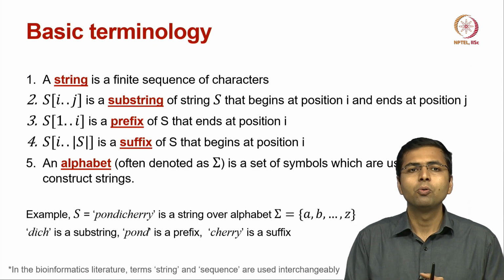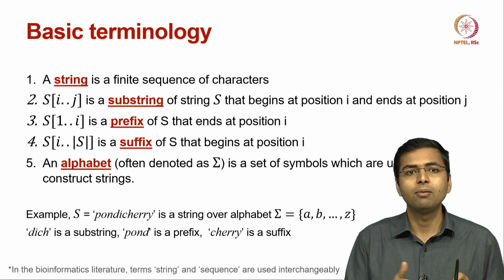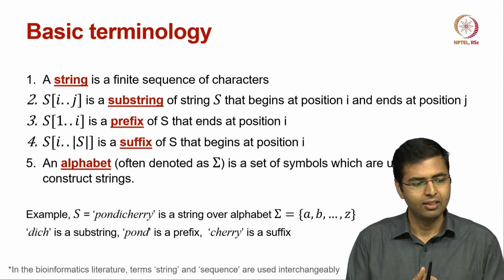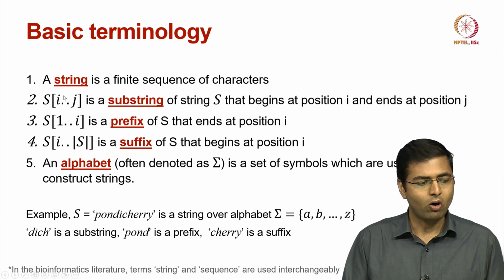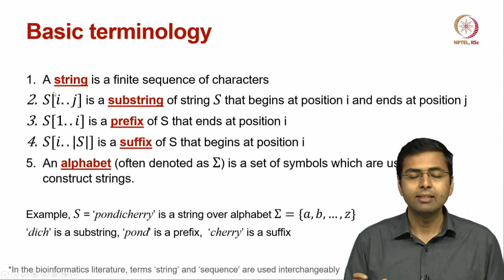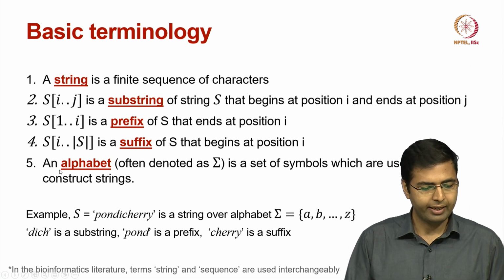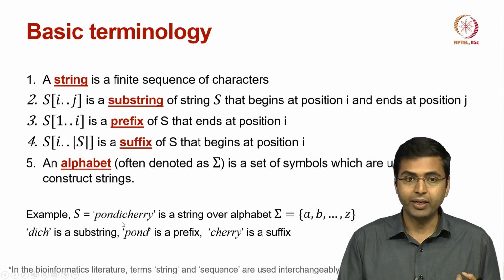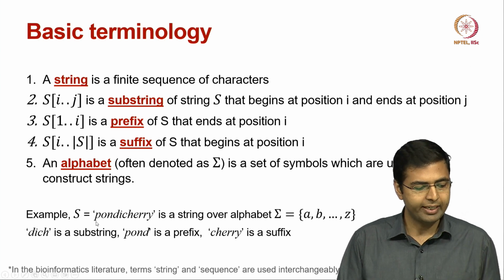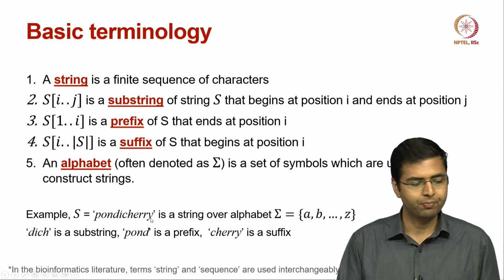I also want to describe basic terminology that we will be using in many problems involving strings. So, recall that a string is a finite sequence of characters. For example, Pondicherry is a string here. Pondicherry is composed of characters P, O, N, D and so on.